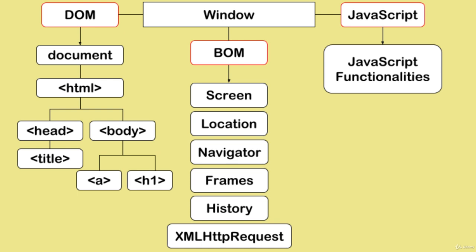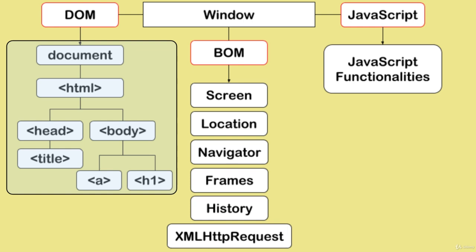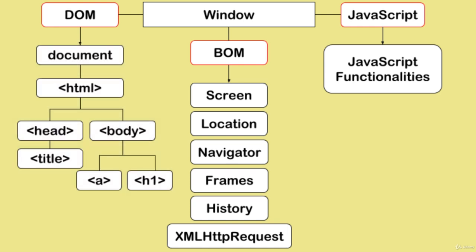So when you refer the term BOM, that means it is the browser object model. It means it has objects like these, and DOM allows you to access entire content which is placed by HTML and CSS. So now you know both window and document object and its usage as well.